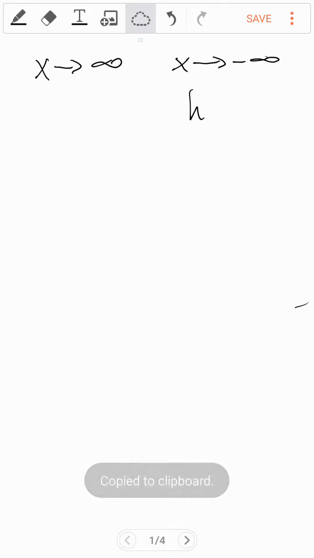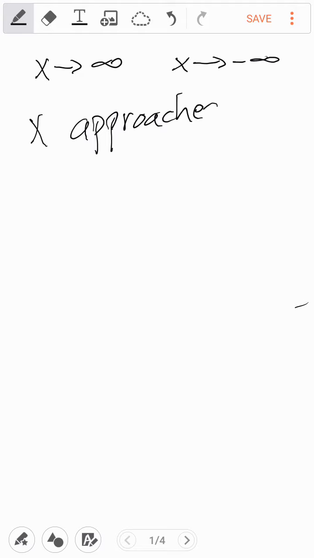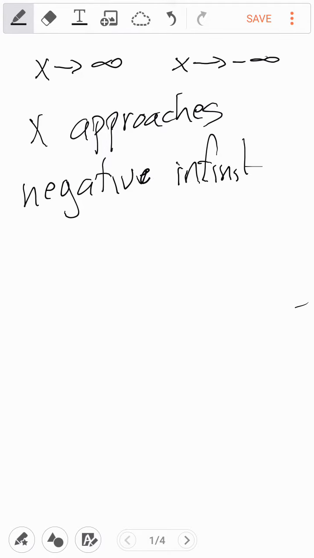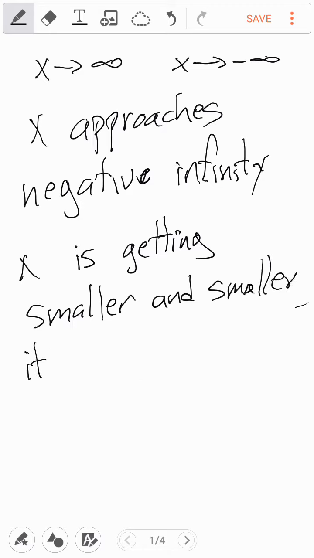If I want to write the second one out, this is saying x approaches negative infinity. Another way of saying that is x is getting smaller and smaller, or it's becoming more negative.